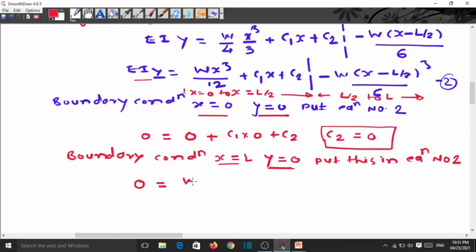So WL cube divided by 12 plus C1 into L plus C2 is 0, then minus W, here this value is L, that is why we have to use the first section and the second section. W in bracket L minus L by 2 bracket cube divided by 6.